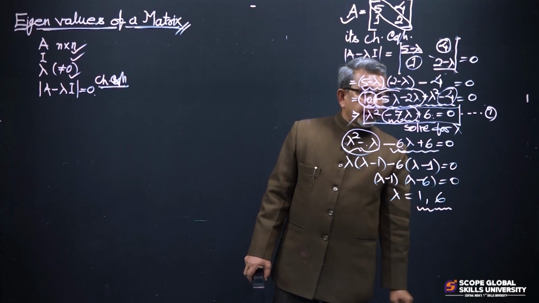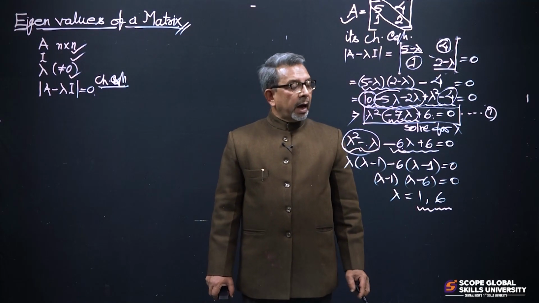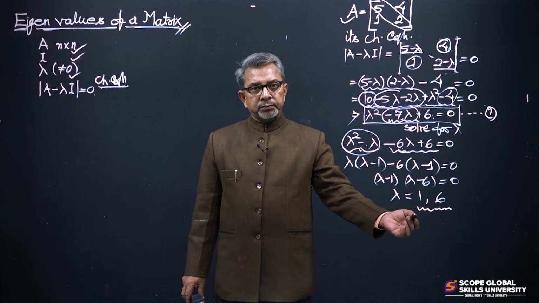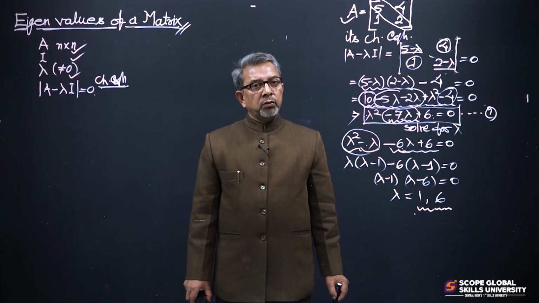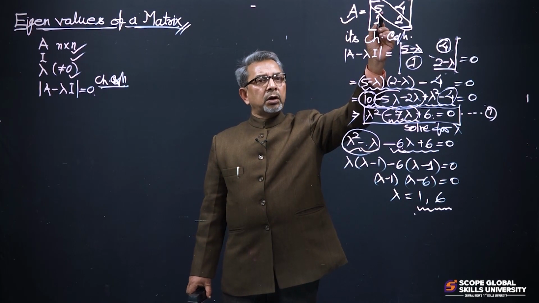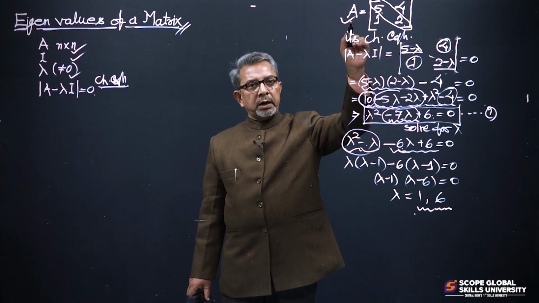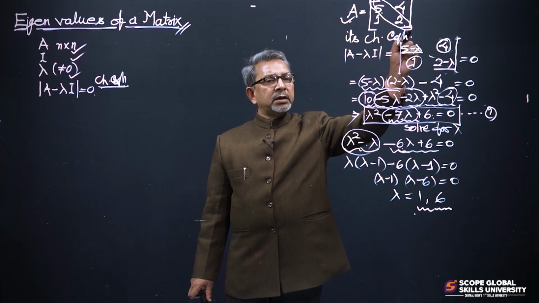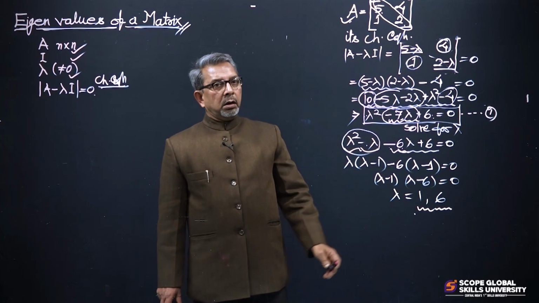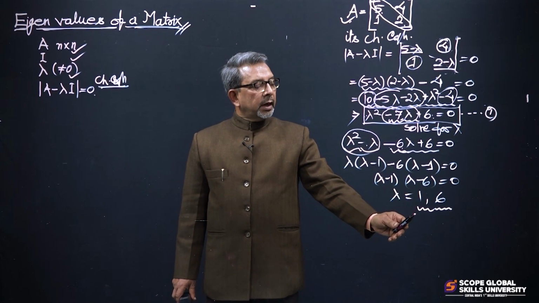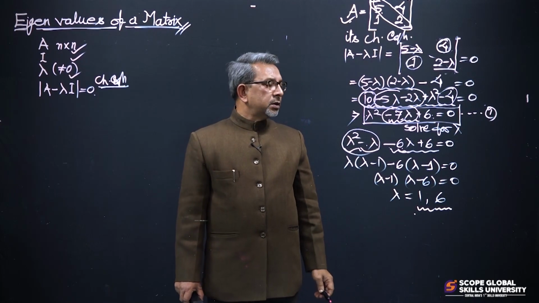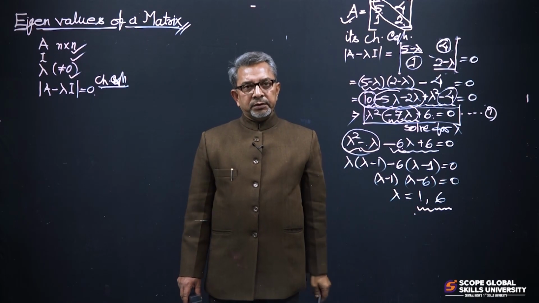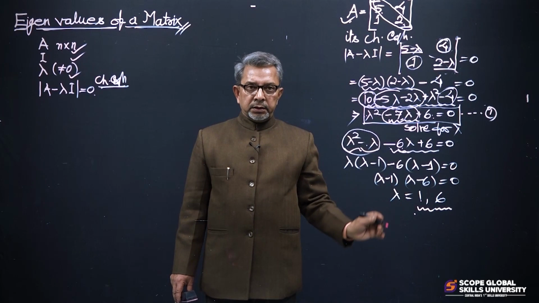We can check our answer by using the logic that the sum of these eigenvalues is always equal to the sum of elements on the leading diagonal position of the given square matrix. The addition of the elements in the diagonal position of the given square matrix and the sum of these eigenvalues are both equal, which is 5 + 2 is 7, and here you can see 6 + 1 is 7. That's why our answer is correct.